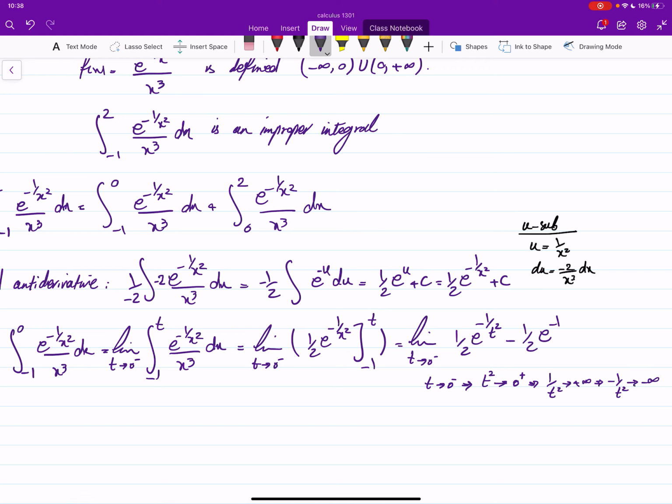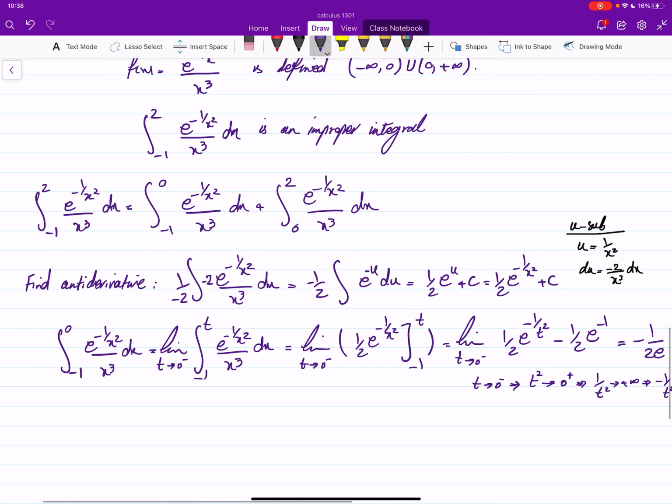And the limit of e to the power something, when that something goes to negative infinity, is 0. So that will be half times 0. Let me just write the final result: negative 1 over 2e. E to the power negative 1 is 1 over e, and I multiply it like that. So this part is convergent, and I have the value for that.